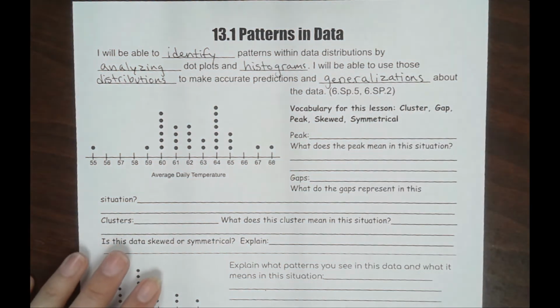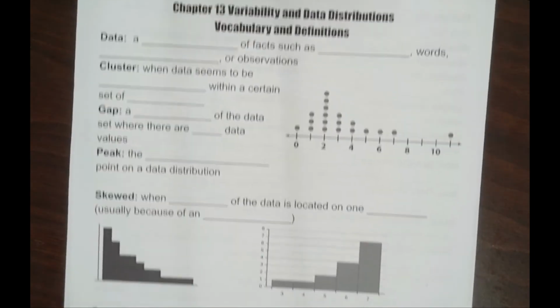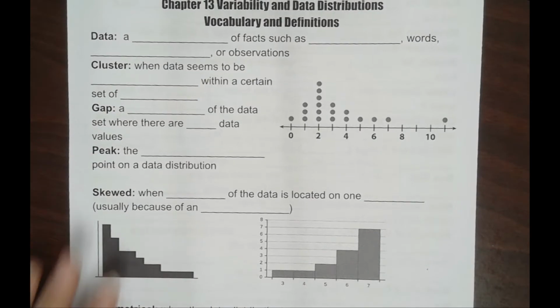So you're going to be able to look at these different patterns and make good ideas about the data in general. So you also will need the Chapter 13 vocabulary page. Okay, we've got quite a bit of definitions to fill out today.